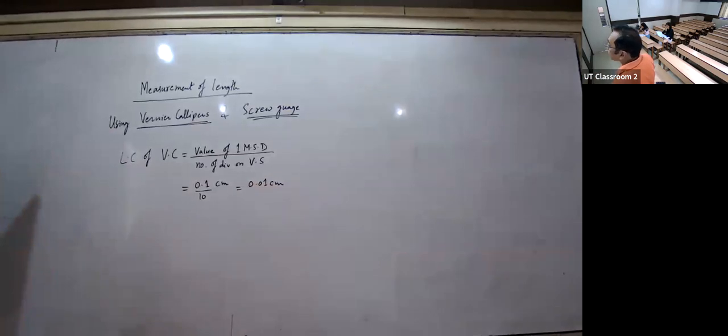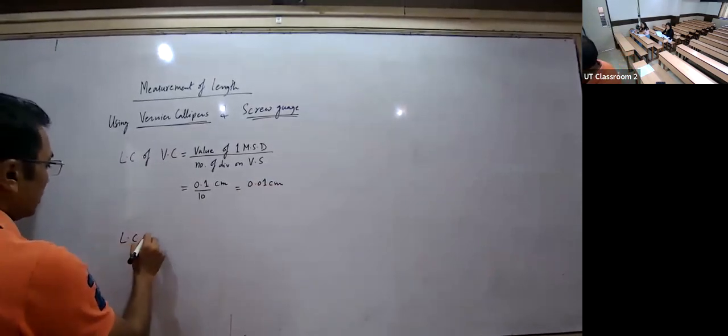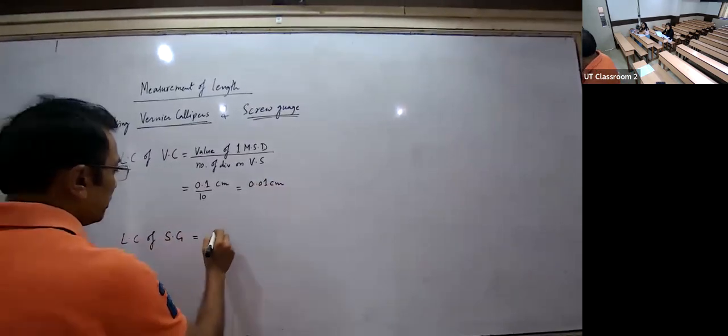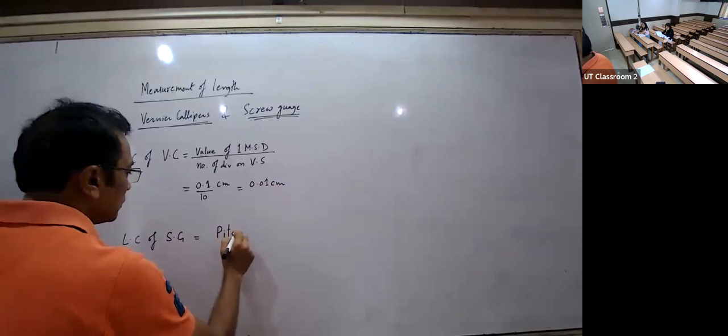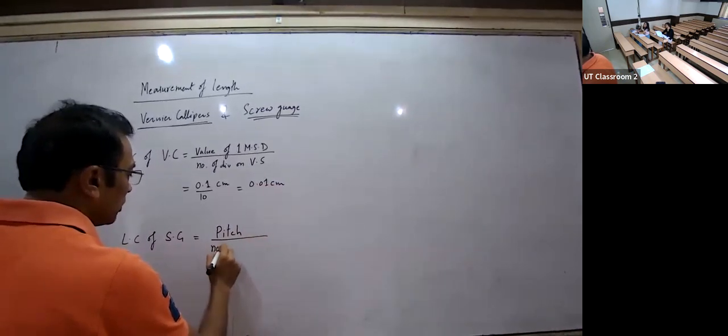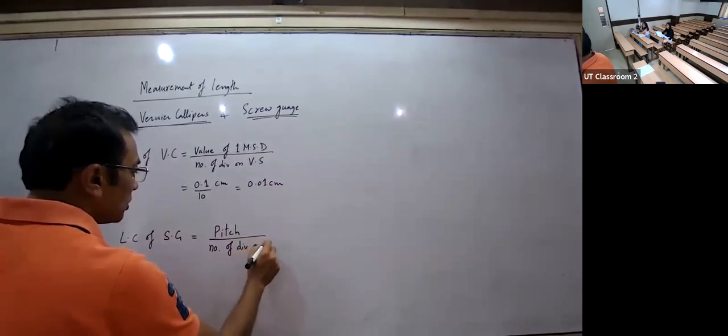And how did we calculate the least count of screw gauge? This also I told you: pitch upon the number of divisions on the circular scale.